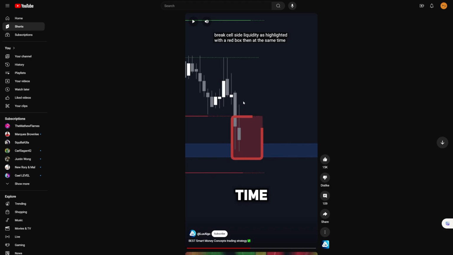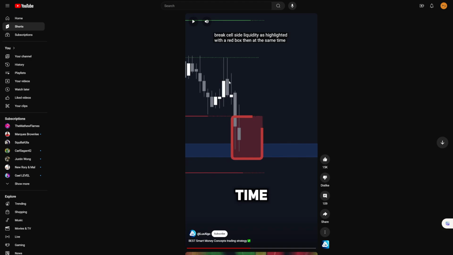But what it's basically saying is that when it uses the word liquidity, it's telling people to wait for a stock to hit a previous low first, and then wait for the reversal.